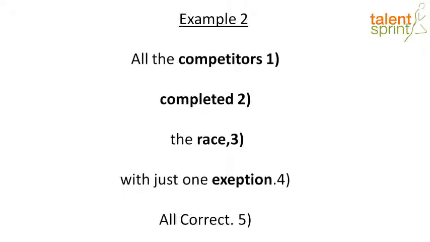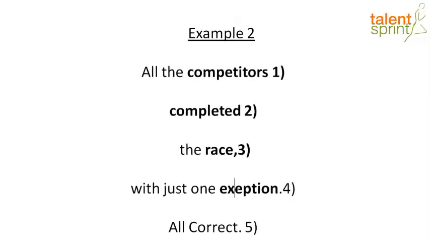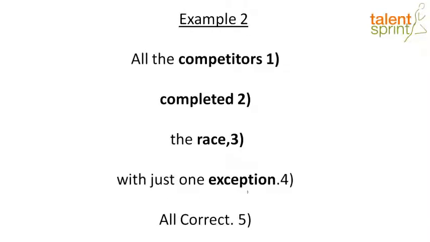But then let's look for spelling errors. All the competitors, correct spelling, completed, correct spelling, race, correct spelling, but exception, sorry, what is missing? The C is missing. So the error is in part 4. Let's go ahead and add the C there. There you go. So the error is in part 4, and we've changed the spelling of exception.